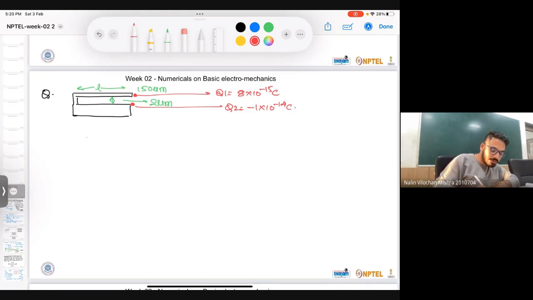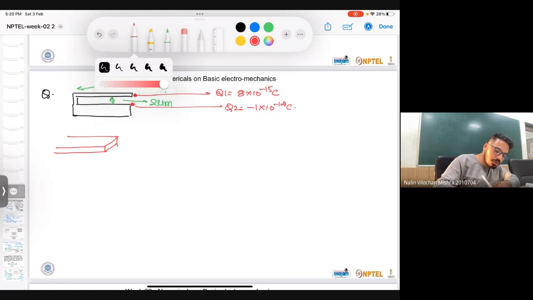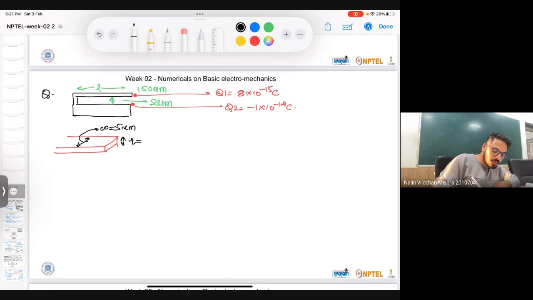For this beam, the width is given as 5 micrometer, and the thickness is given as 2 micrometer.